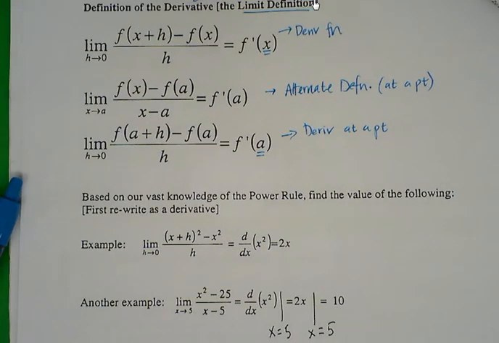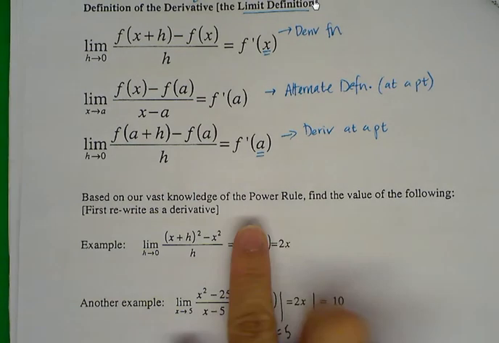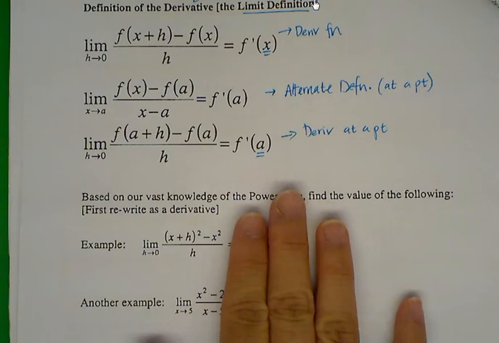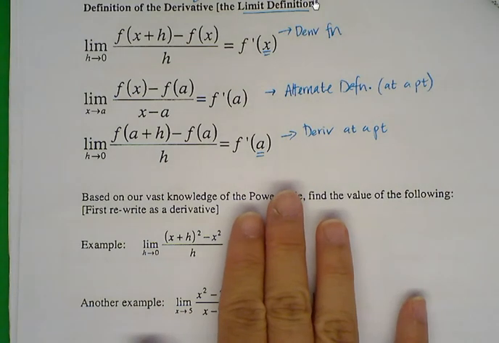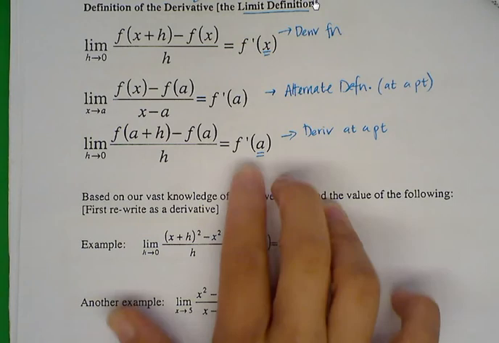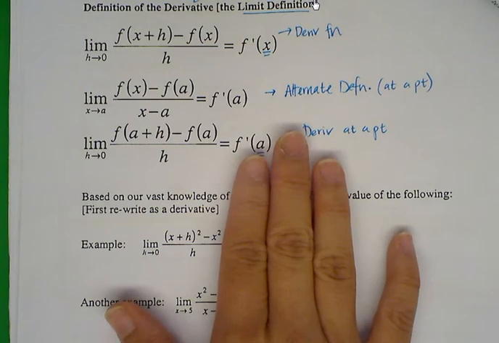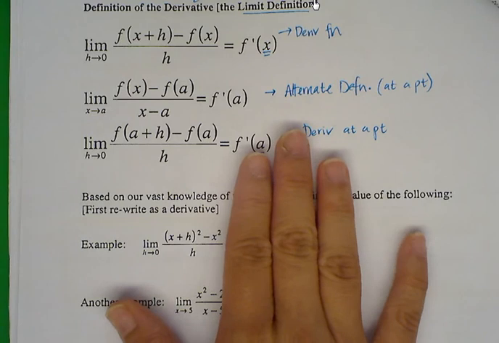All right, so these look familiar to you, right? Nothing is shocking. Based on our vast knowledge of the power rule, because now you guys are experts at the power rule, find the value of the following. First, rewrite as a derivative. On an exam, if you see this, you might think, whoa, I have to calculate the limit. You can calculate the limit, but that's a lot of work, and they're not asking you to expand all that.